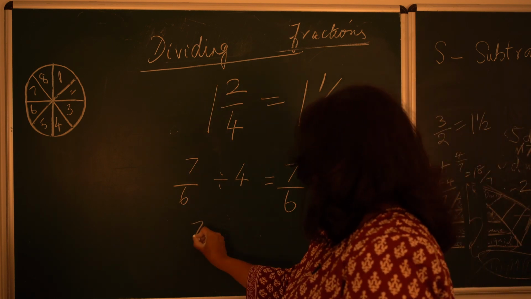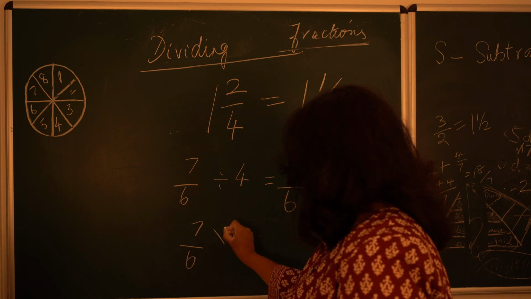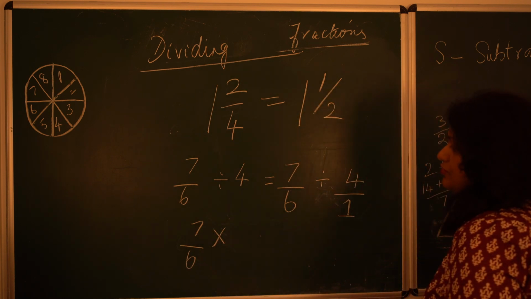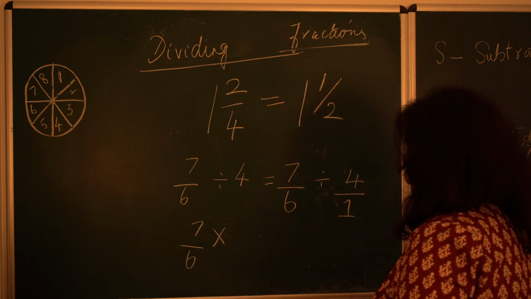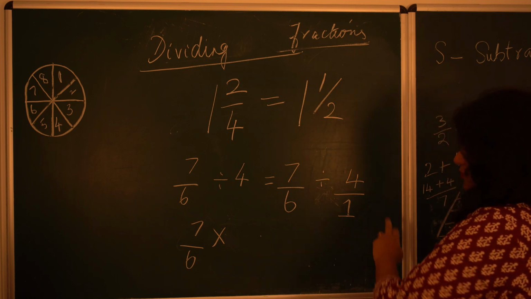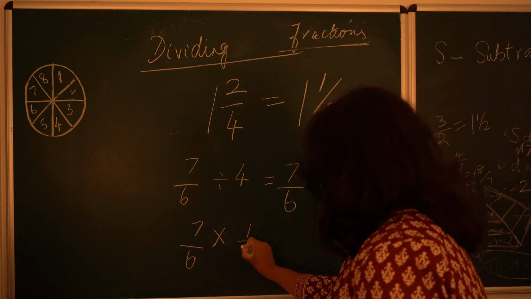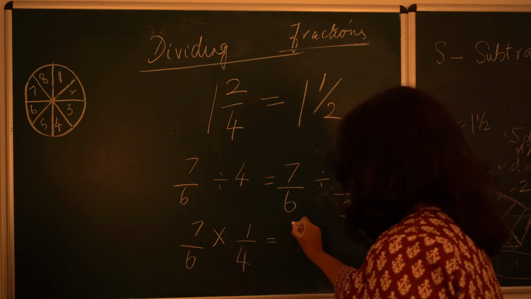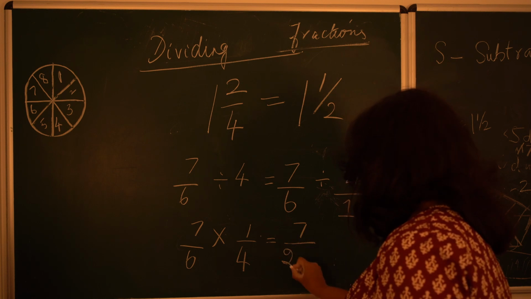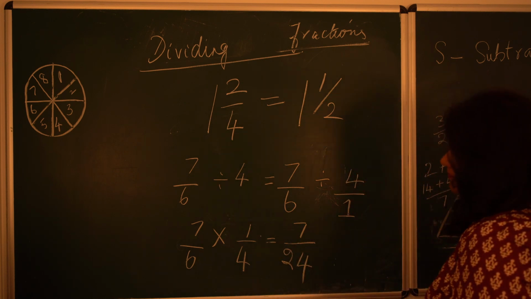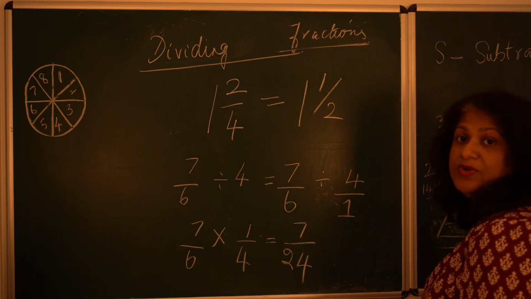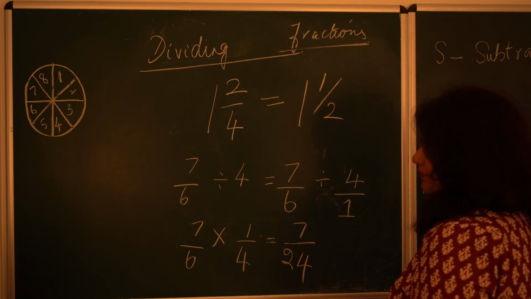So 7 by 6 into, let's do the switching, inversing our fractions. 4 by 1 will become 1 by 4. So it is equal to 7 divided by 24. This is how you will handle whole numbers.